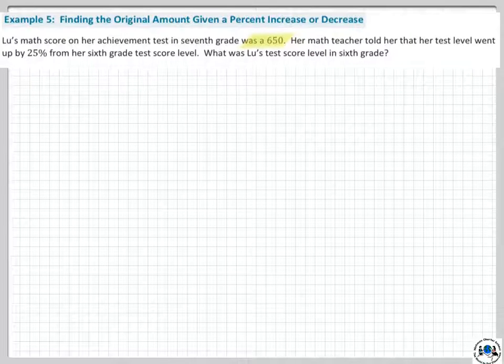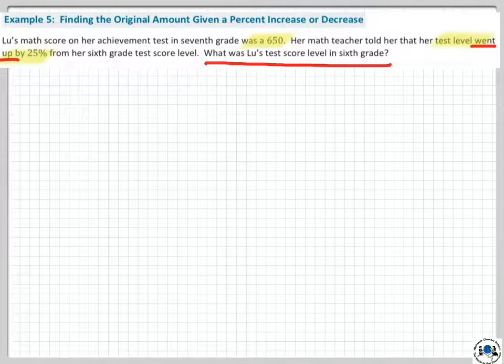Lou's math score on her achievement test in 7th grade was a 650. Her math teacher told her that her test level went up by 25% from her 6th grade test score level. So it went up by 25%.